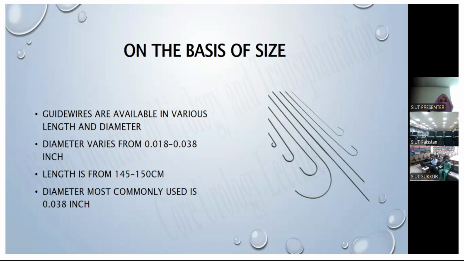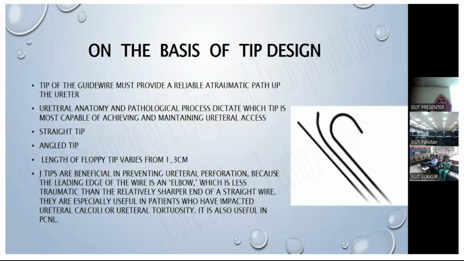Diameter varies from 0.018 to 0.038 inches, and length is from 145 to 150 centimeters depending on height. The diameter most commonly used is 0.038 inches. On the basis of tip design, a guide wire must have a reliable atraumatic path up the ureter.